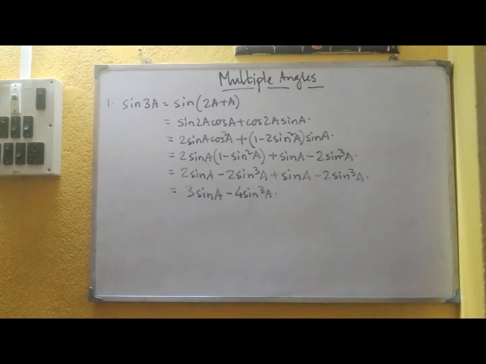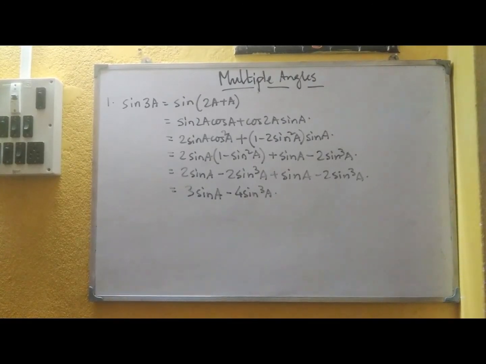See it carefully. It is 3 sine A minus 4 sine cube A. So remember this in this way. Since the function sine is an odd function, the first coefficient should be odd. You can take this like this.